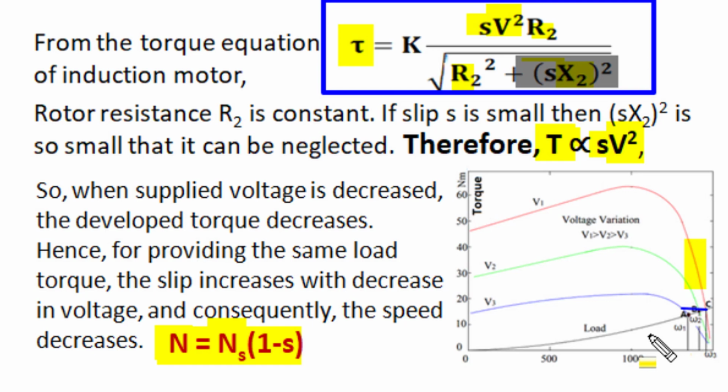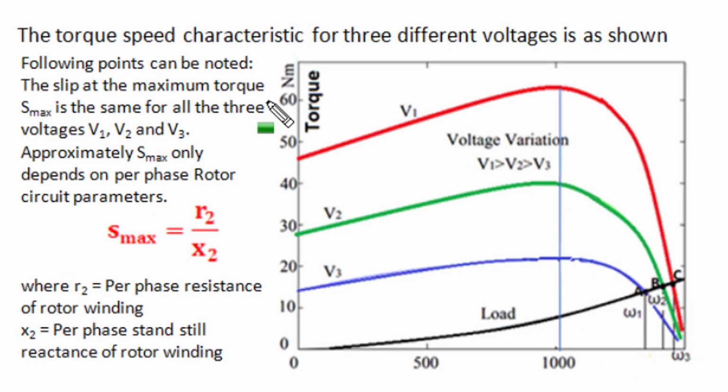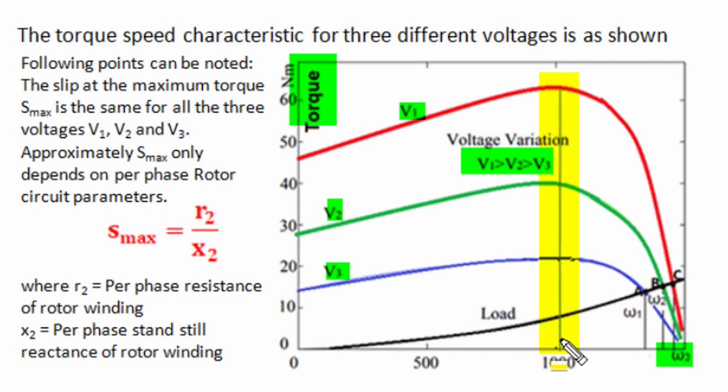Now during this voltage change, we don't have to change the frequency of the electric supply given to the stator, only the voltage magnitude has to be reduced. Torque and speed relationship of an induction motor for three different voltages V1, V2, V3 are shown here by red, green and blue characteristics, and these characteristics indicate that slip of maximum torque, or speed of maximum torque, remains the same irrespective of change in applied terminal voltage to the stator winding.